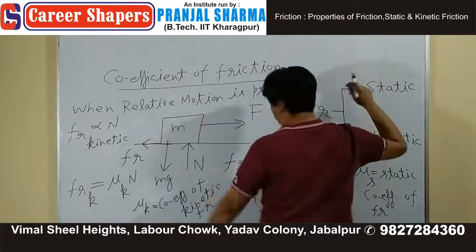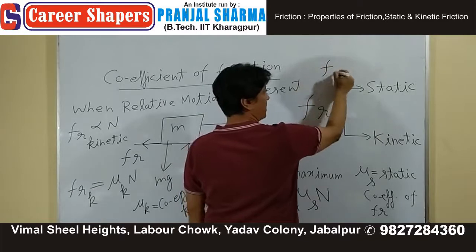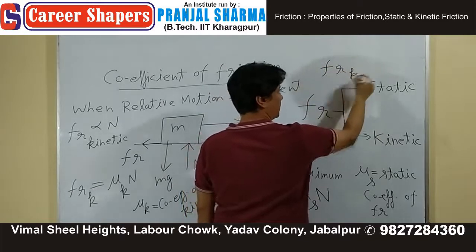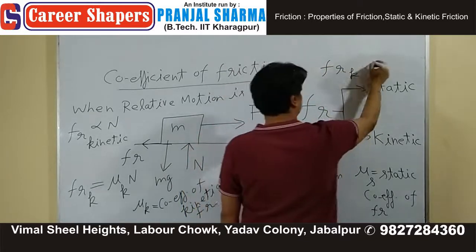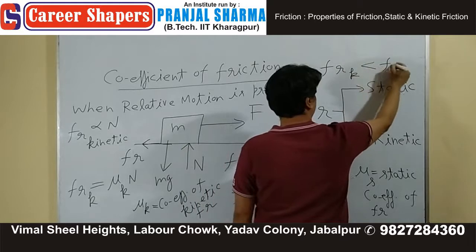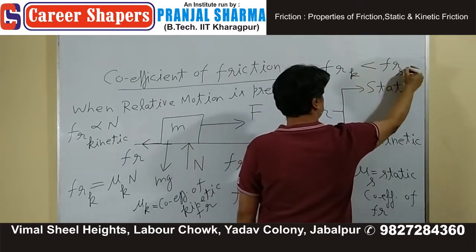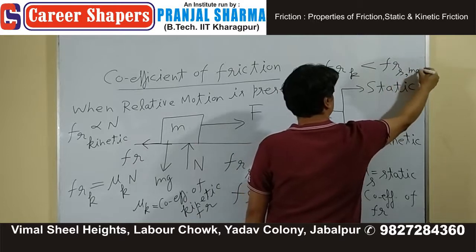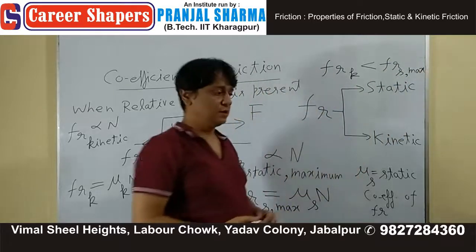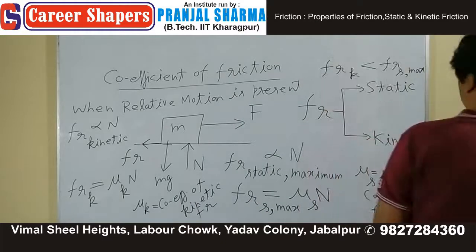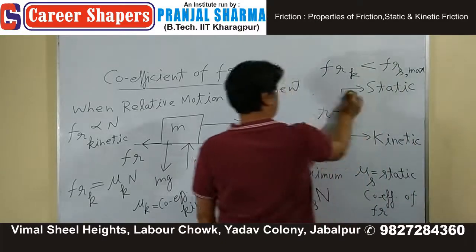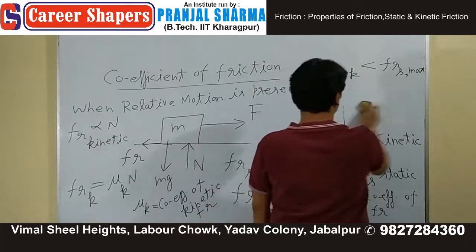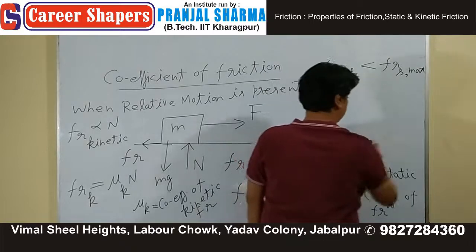आप इसी के साथ नोट करना कि जो अपना Fr काइनेटिक है, ये Fr स्टैटिक मैक्स इससे कम होता है. क्यों कम होता है? क्योंकि जो कोएफिशिएंट्स हैं वो चेंज हो जाते हैं.